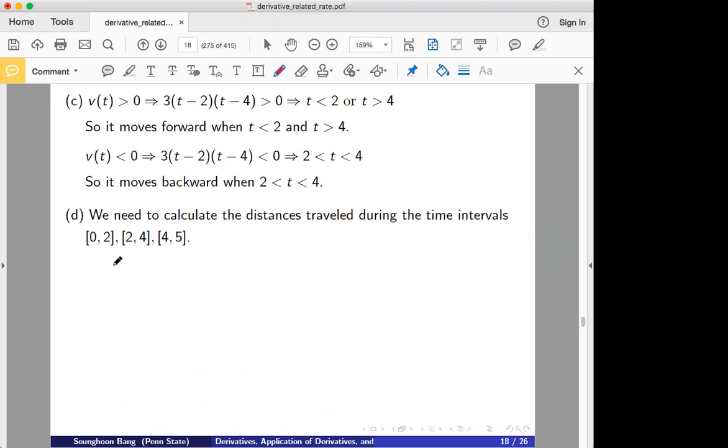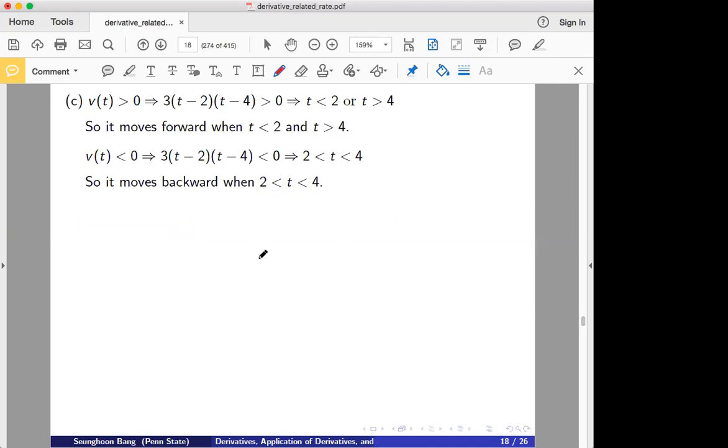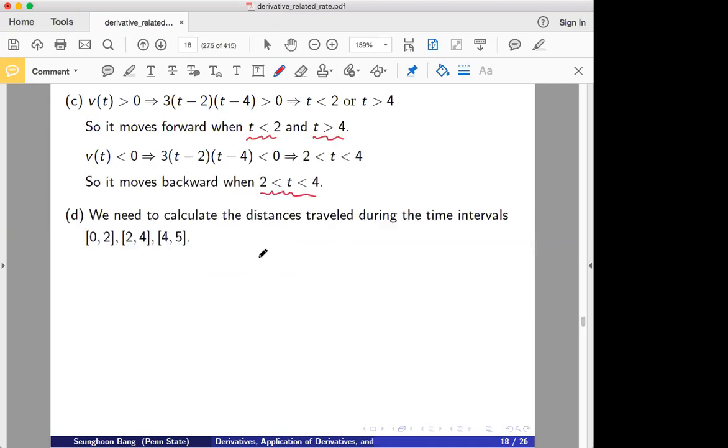Here, from 0 to 2, moving forward, 2 to 4, moving backward, after 4, moving forward again. Is that right? So you can draw a diagram.